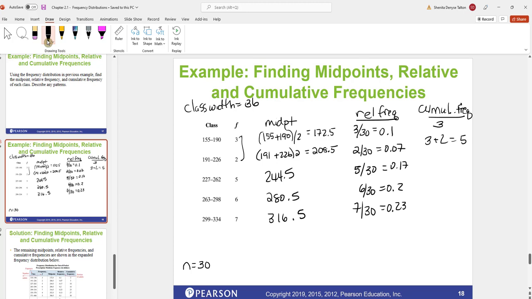And then we'll take the next one, 3 plus 2 plus 5. We get 10. And then we'll take 3 plus 2 plus 5 plus 6. We get 16. And then 3 plus 2 plus 5 plus 6 plus the 7 gives me 23.